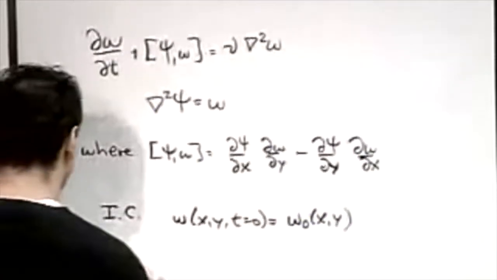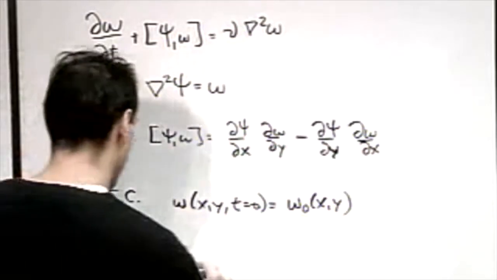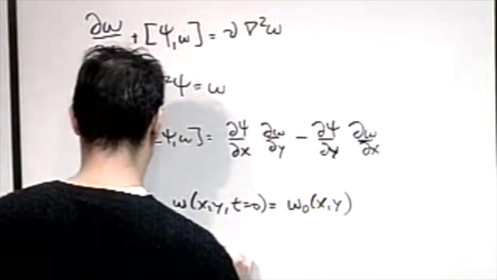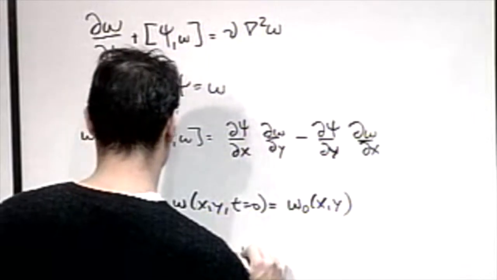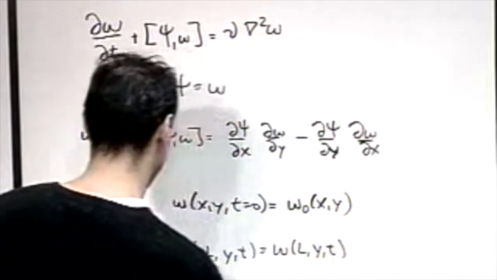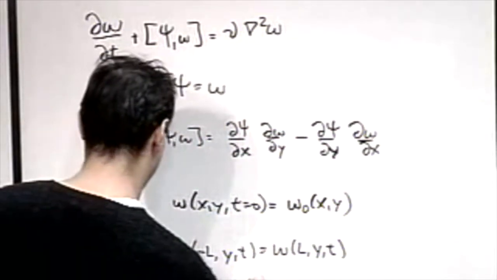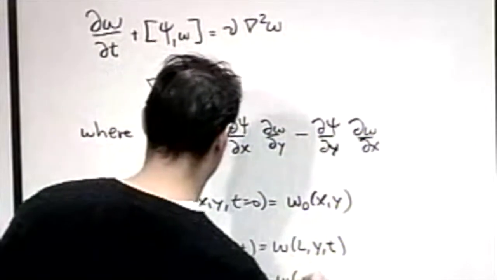And for boundary conditions, what we're going to take is periodic boundary conditions. So what that means is the following. What happens on the left edge is what's happening on the right edge. What happens on the top is happening at the bottom of our computational domain.